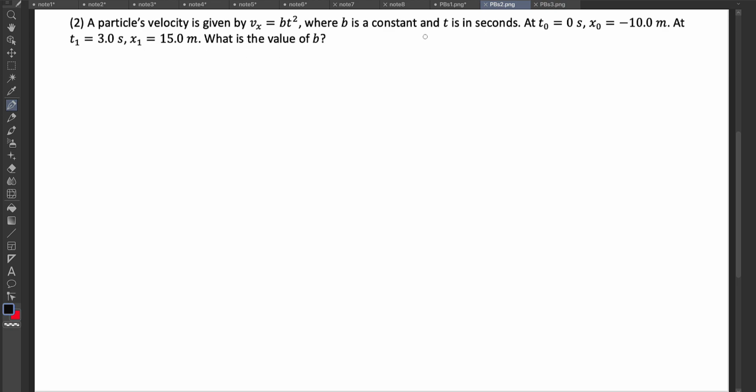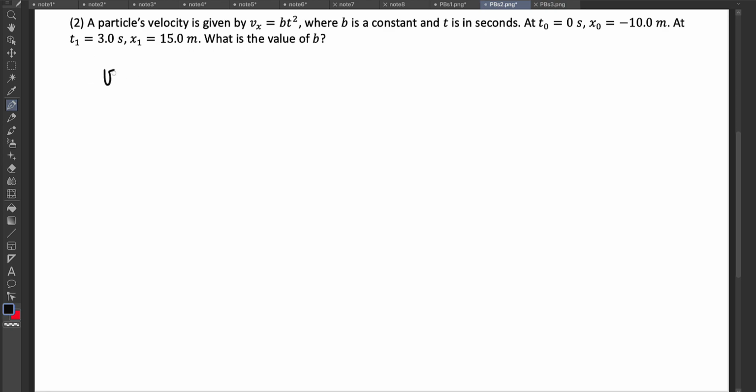What is the value of b? Now for this problem, we need to do integrals, and then we can use these two conditions, the initial and instant one information, to solve for b.